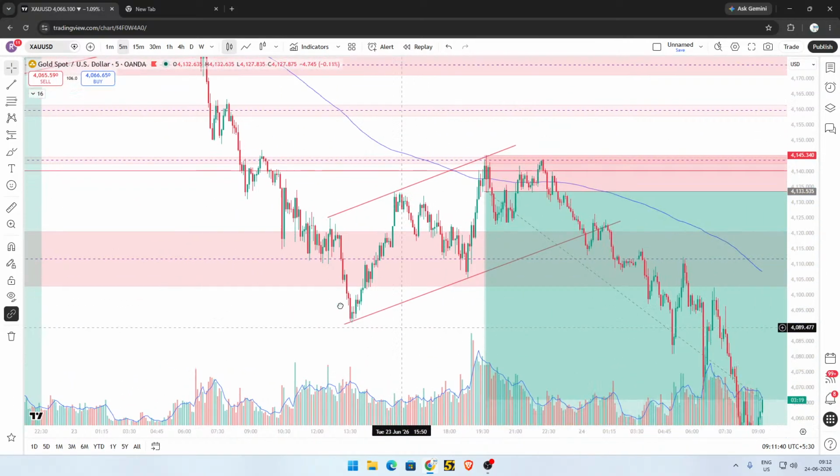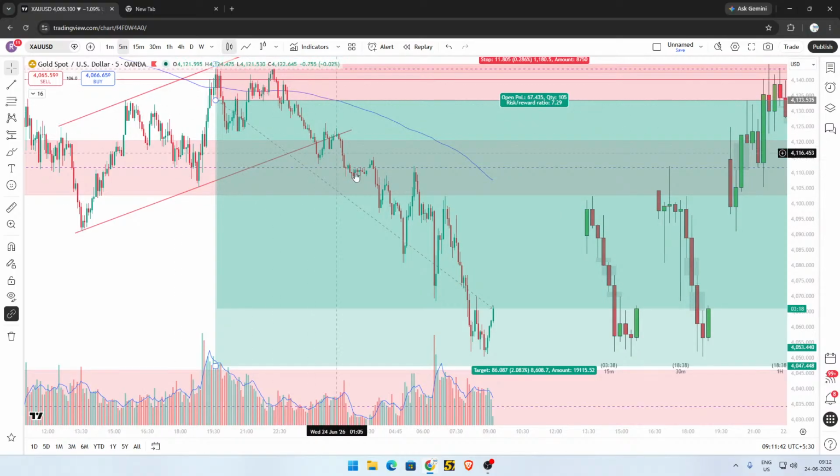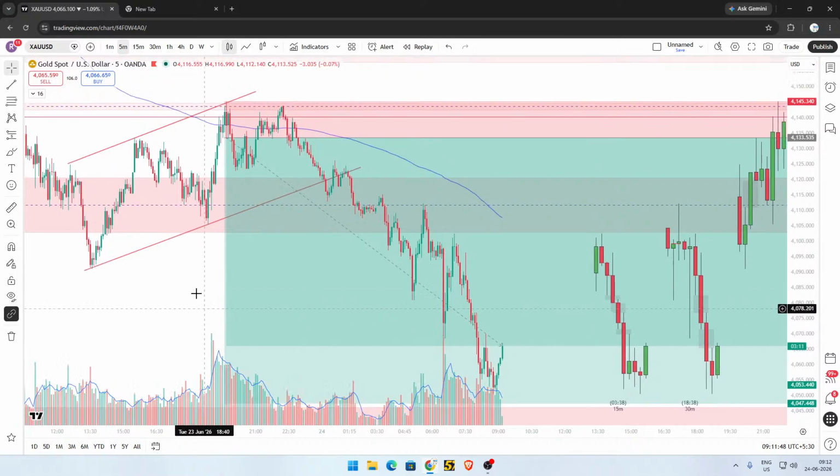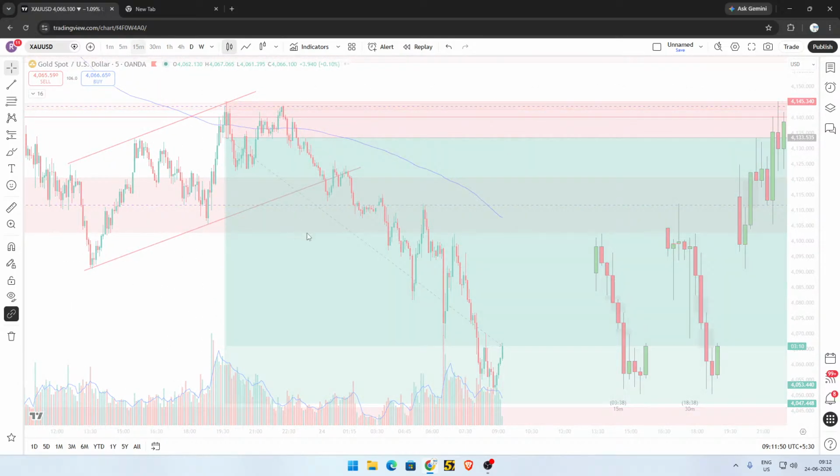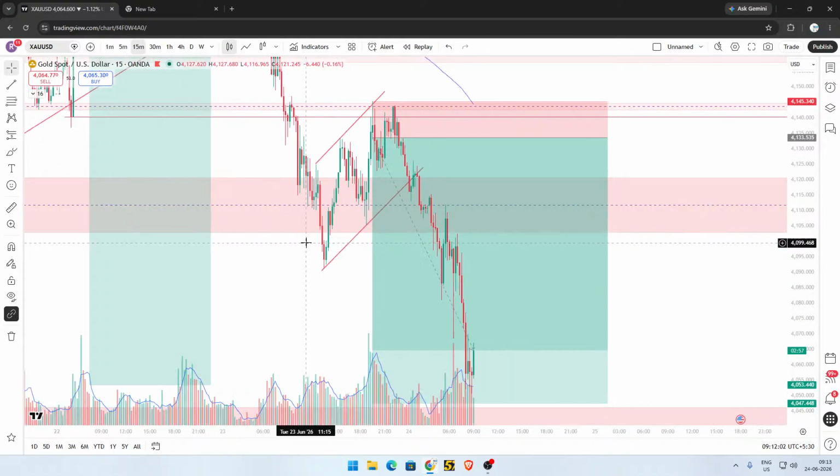But see now, after that time, it moved to this area, moved to the target. I took this trade in 15 minutes time frame. See, in 15 minutes time frame, it formed a dragonfly or gravestone doji.